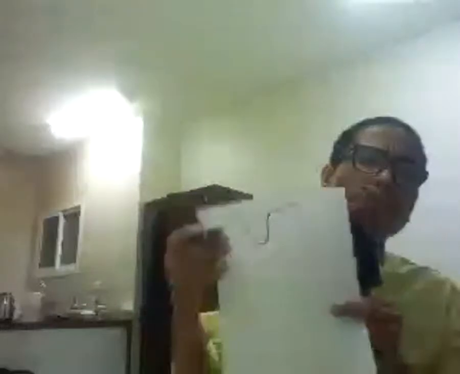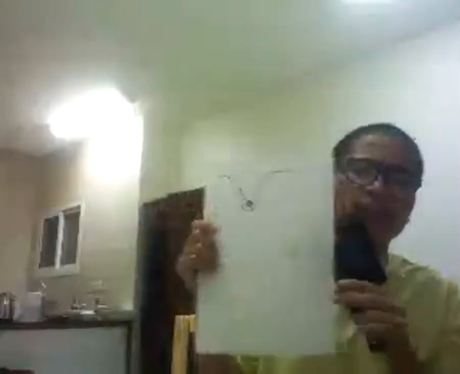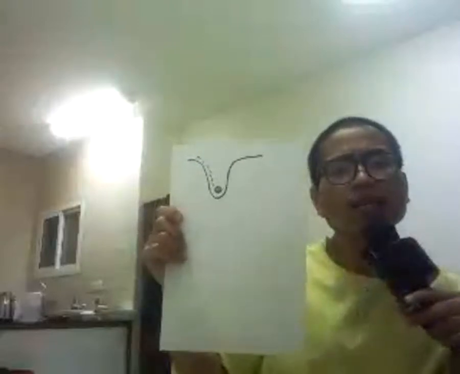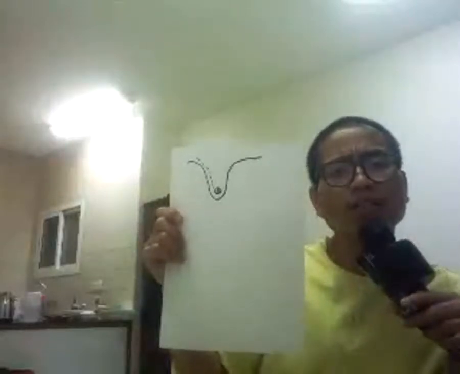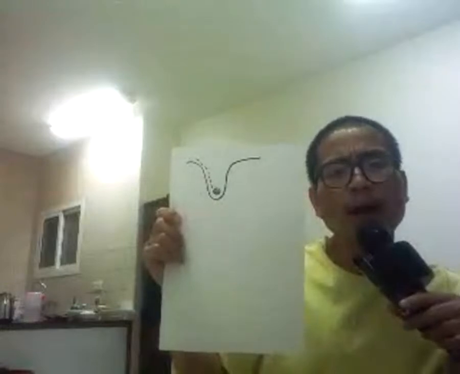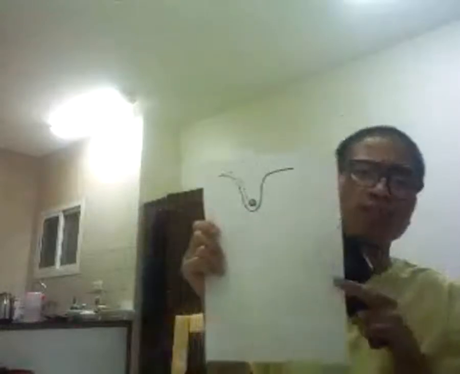And you throw a ball from here, let's say a ping pong ball or soccer ball or whatever. The ball, guys, will keep on bouncing back and forth. The ball will continue bouncing back and forth.